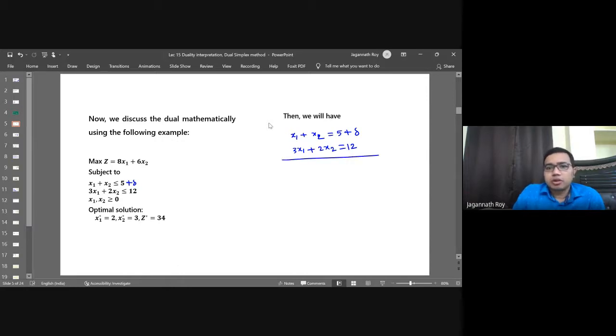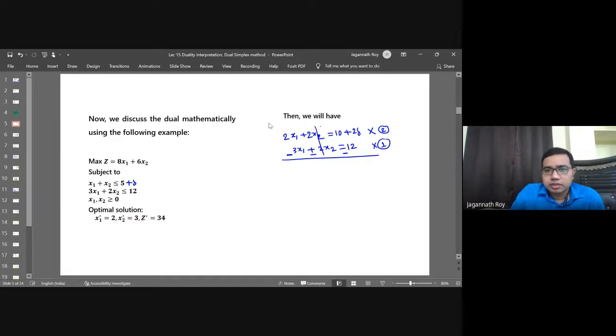Now, in order to solve it, let us multiply this equation by 2 and the other equation by 1. So this will become 2x1 plus 2x2 equals 10 plus 2 delta. Let us subtract.